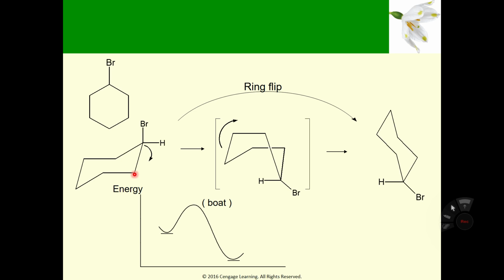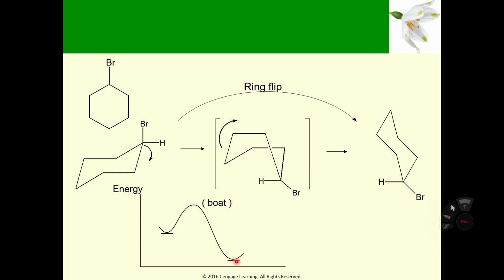And so in this case, the left one is in higher energy than the right one, okay? Because Br is in equatorial position here, but the Br is in the axial position here. So we can draw the energy of axial bromo compound like this, and the equatorial bromocyclohexane here.